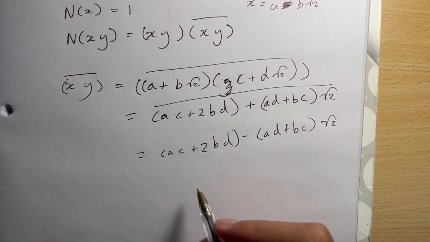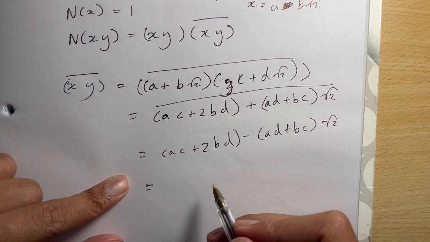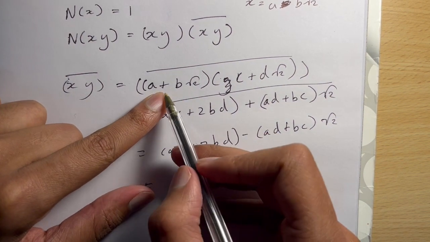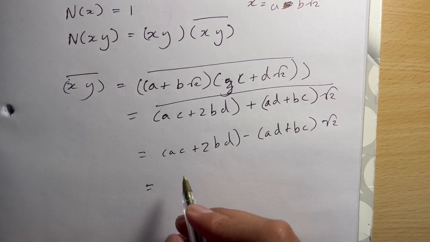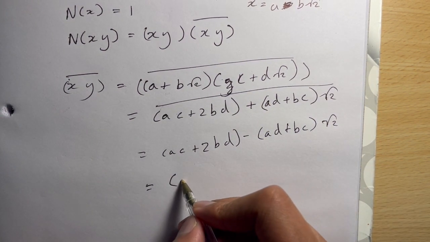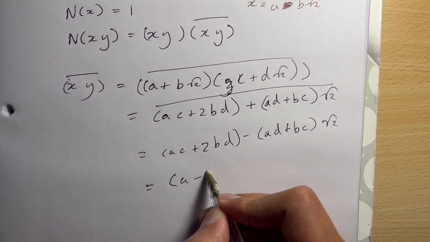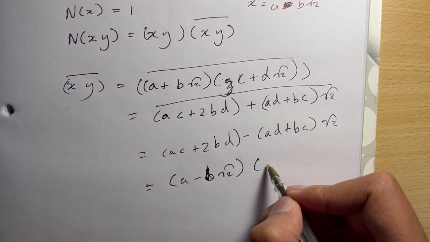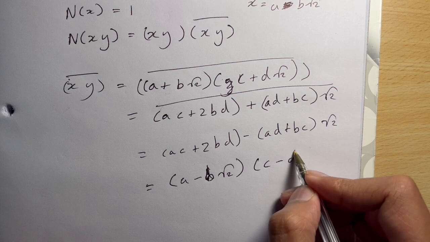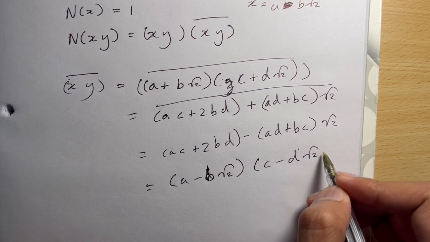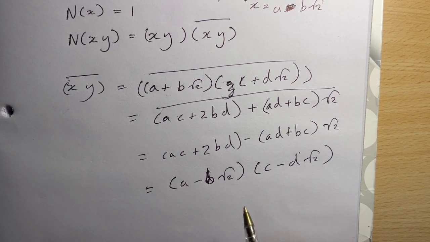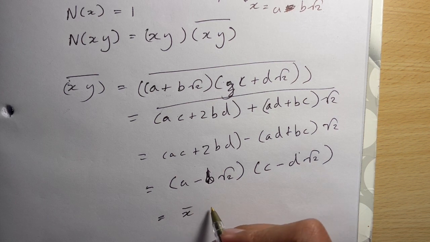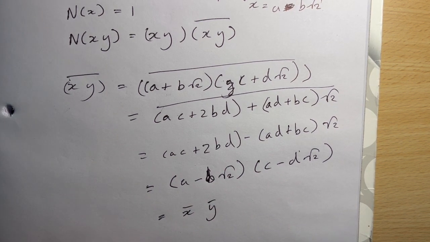And if you look at it for a little bit, you might actually notice that this is just the same as if you took the product without the bar, but with these two as minus symbols. So in fact, this is the same as a minus b square root of 2 times c minus d square root of 2. Okay, so why is this true? Well, the algebra says it's true, but what is the idea behind this?